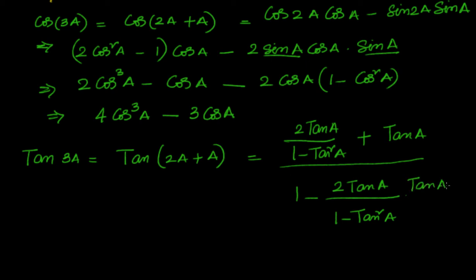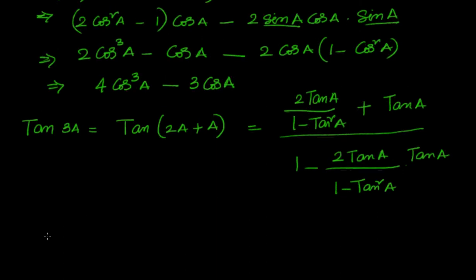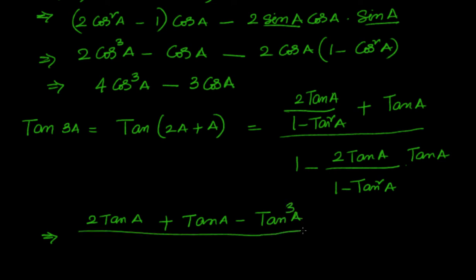into tan A. Now let us simplify this. If I simplify this, what happens? I can write it as 2 tan A plus tan A into 1 minus tan square A, that is tan A minus tan cube A, by, if I take the LCM here, this becomes 1 minus tan square A minus 2 tan square A. You can see that 1 minus tan square A, 1 minus tan square A will cancel out.